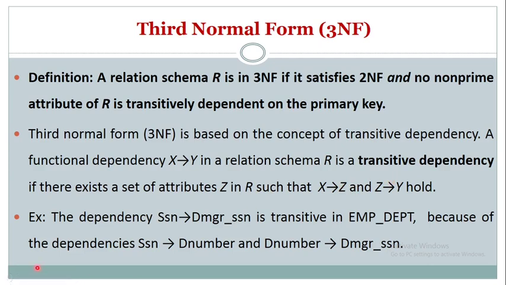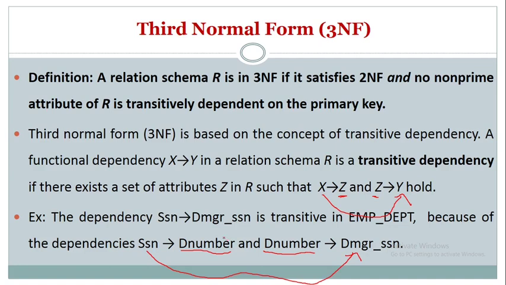As you can see here, X determines Z and Z determines Y, so I can say that X determines Y. This is what is transitive, as per the transitive rule, X determines Y. Taking an example of transitive dependency, if SSN determines department number and department number in turn determines department manager, then according to the transitive rule I can say the SSN of an employee determines the department manager.